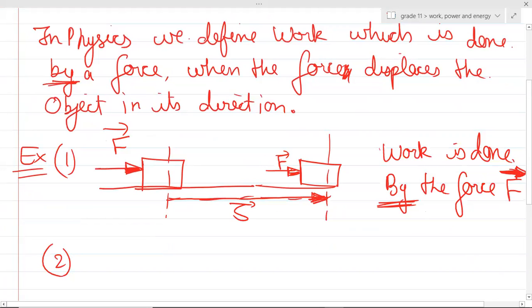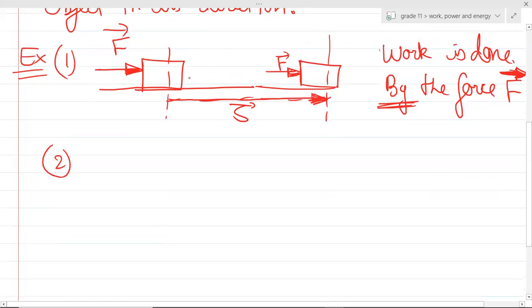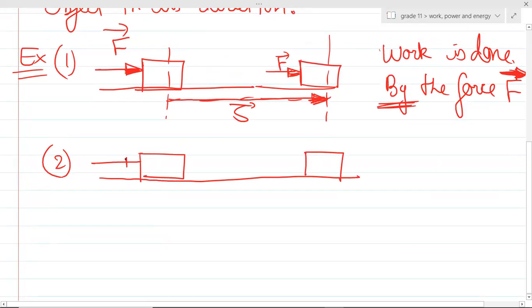Suppose, what will happen if there is one more force acting on this? Suppose this is the case, and let's say friction is acting. So I am applying a force, capital F, and on this there is a friction acting. Can you see the direction of friction is in the opposite direction? Let's say the object has displaced from here to here.